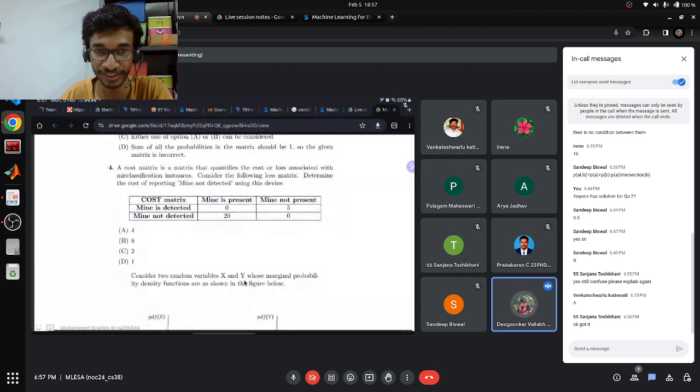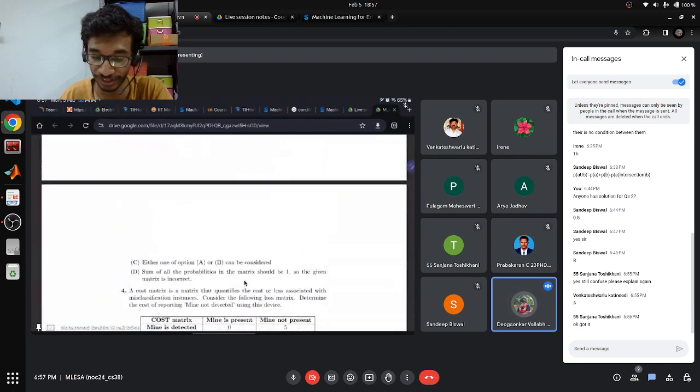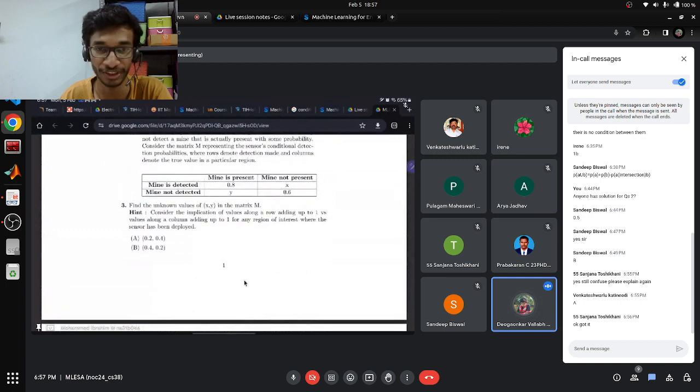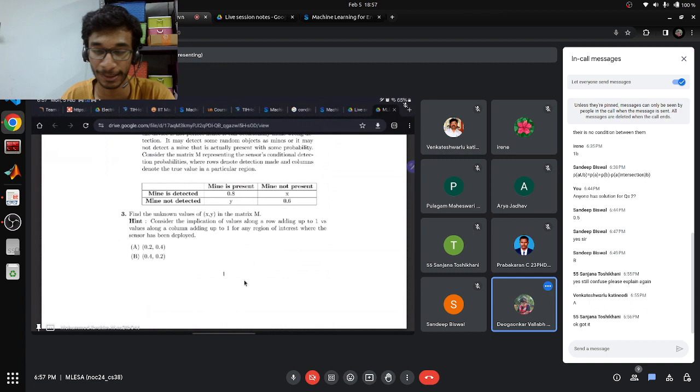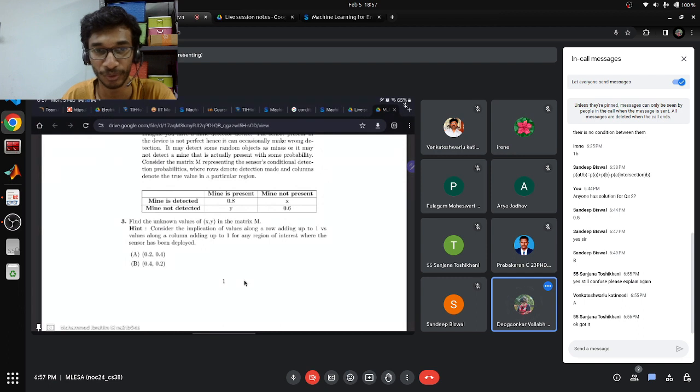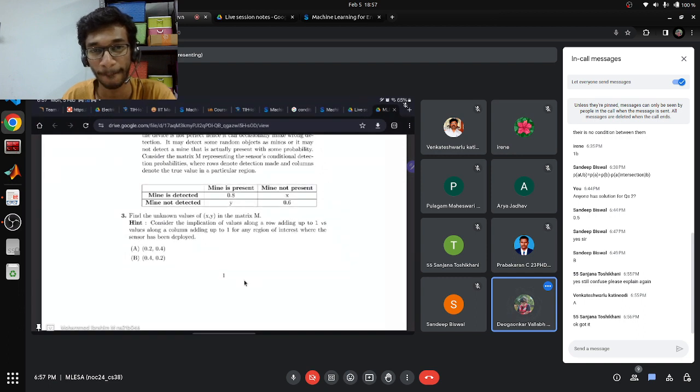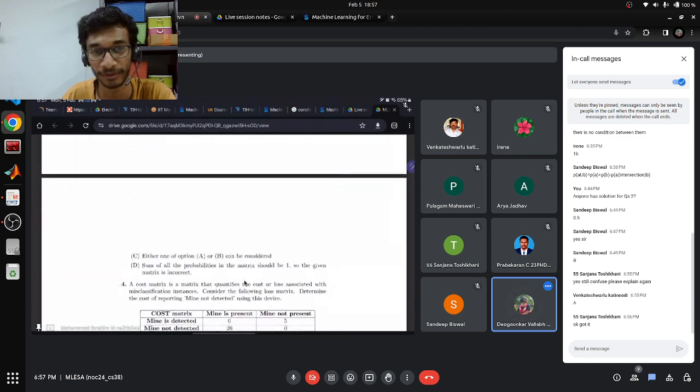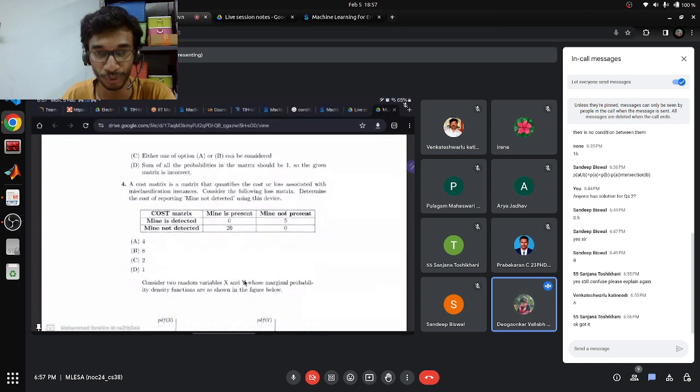You are essentially expected to use the answer of the previous question, so maybe note these numbers down. I think this should be enough time to note the numbers down, and then you are supposed to solve the fourth question.